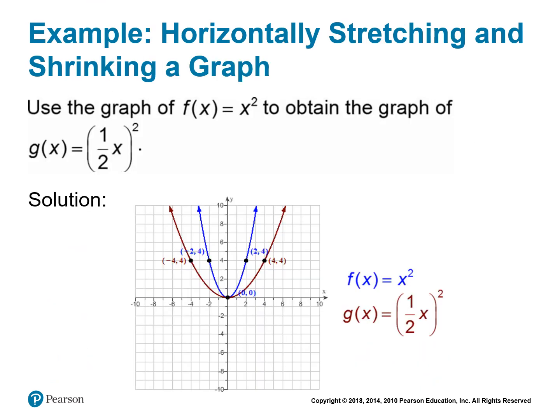This is a specific example of horizontal stretching and shrinking. They have used the quadratic function as the base graph. So this blue U-shaped parabola is the graph of f of x equals x squared, which is the base function. And they want us to graph g of x, which is half x squared.